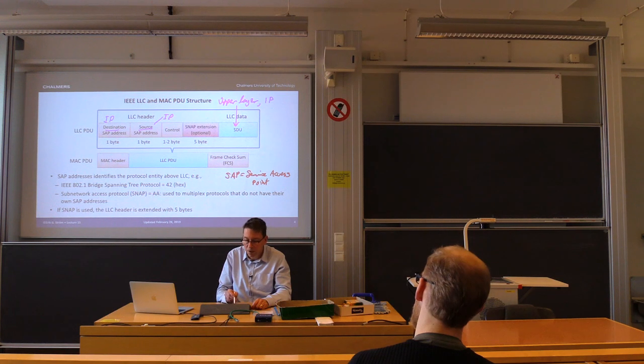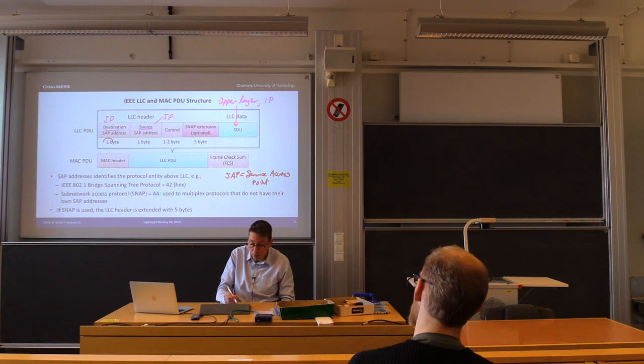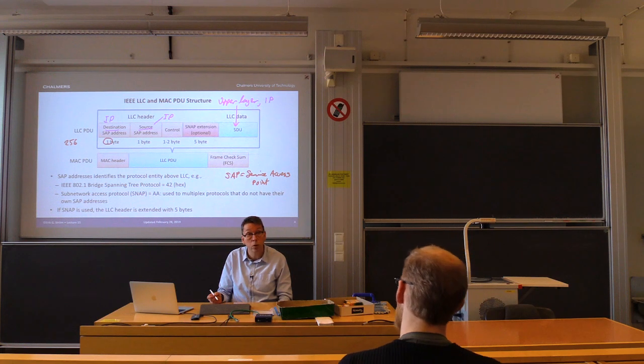If it says AA in these fields, it means that we should interpret these bytes as control bytes, not data bytes. And these control bytes then allow multiplexing of protocols that don't have their own SAP addresses. Since we have 1 byte here, there are 256 protocols that we can address with this. This turned out to not be enough, believe it or not.